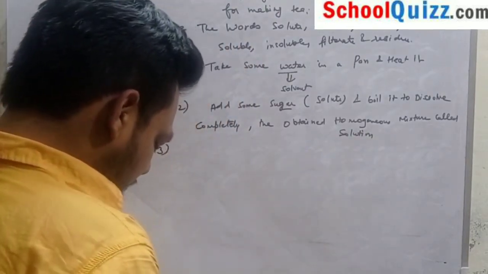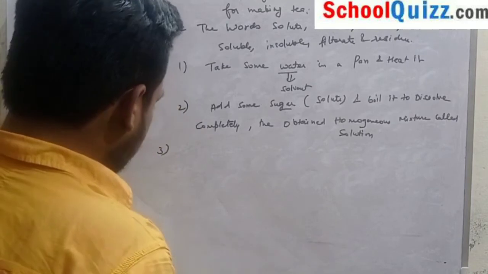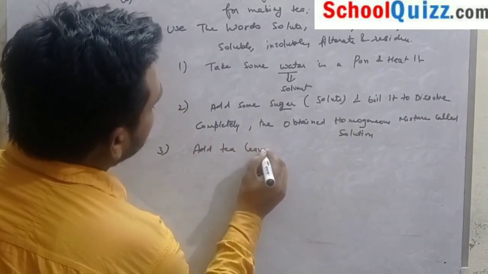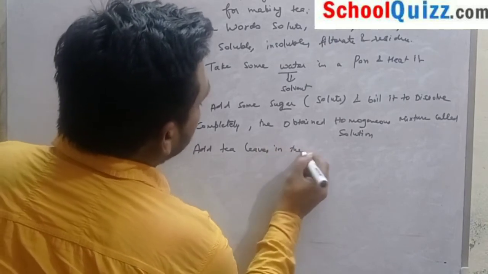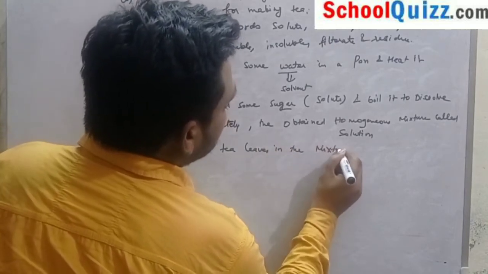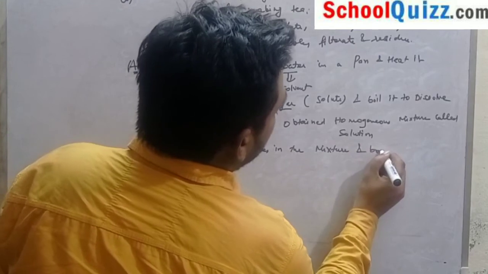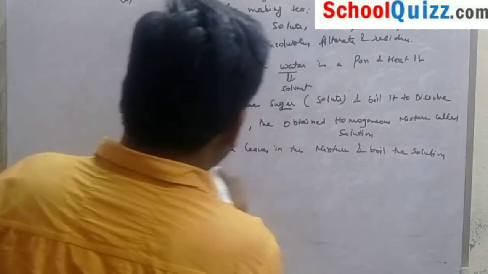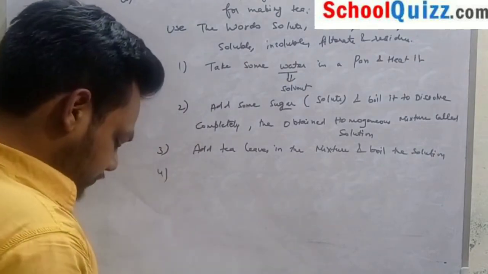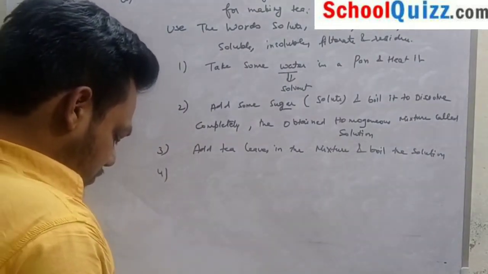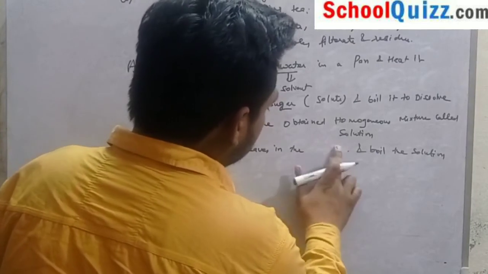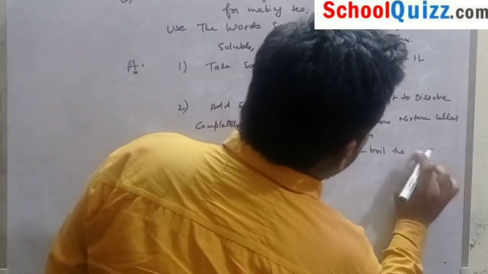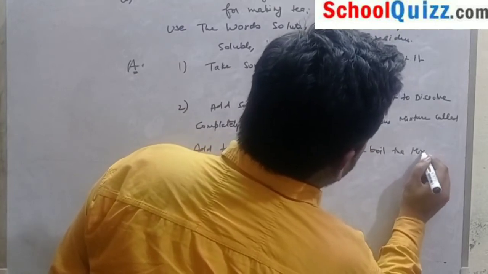Third one is, add tea leaves in the solution and boil the mixture.